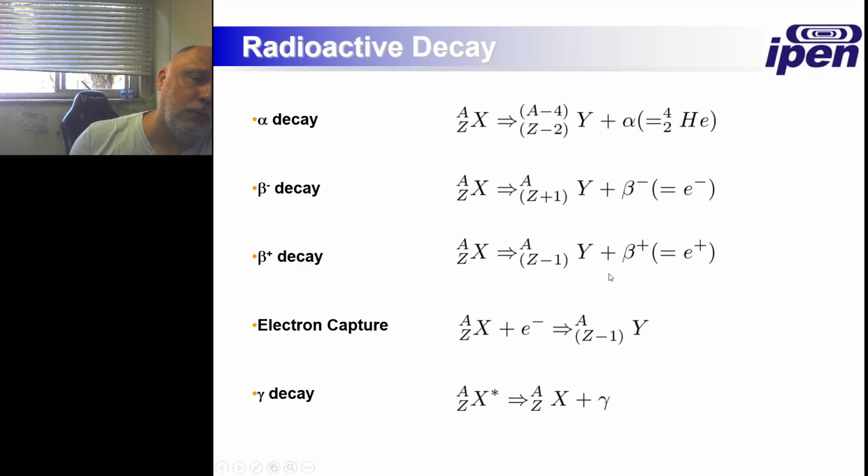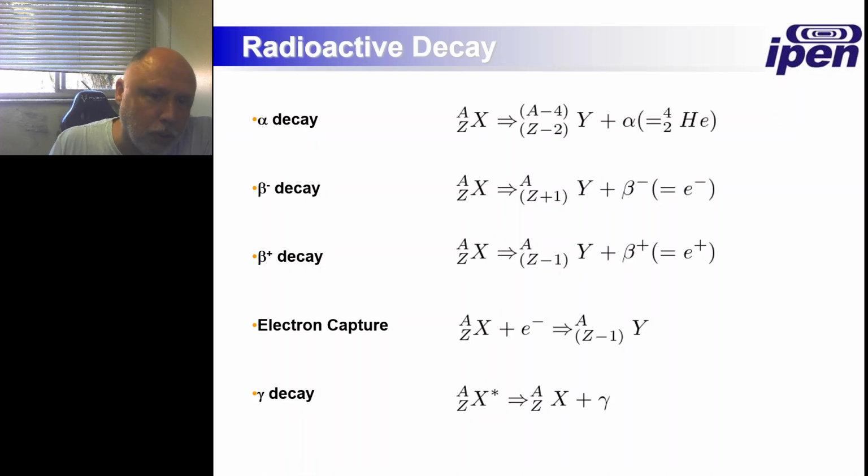Beta plus decay is the exact opposite. The proton becomes a neutron plus a positron. So same thing, same mass number, because one proton became one neutron, but now you have one less proton, so the chemical species went down by one unit, right?